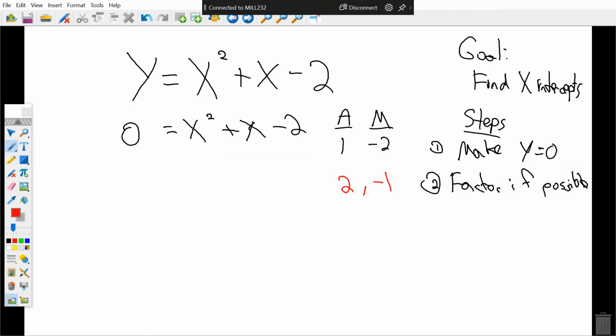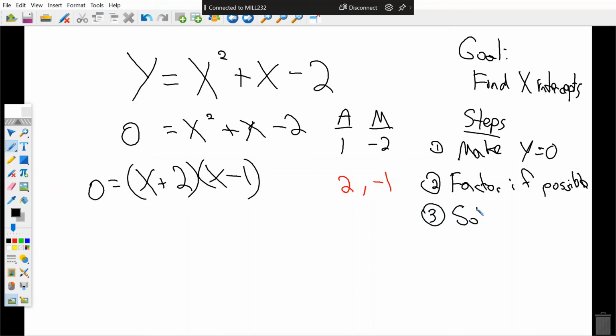So now what we have is this. 0 equals x plus 2, x minus 1. Now we factored it. Step 3 is to solve for x. So what we're going to do is make each of these things equal to 0.